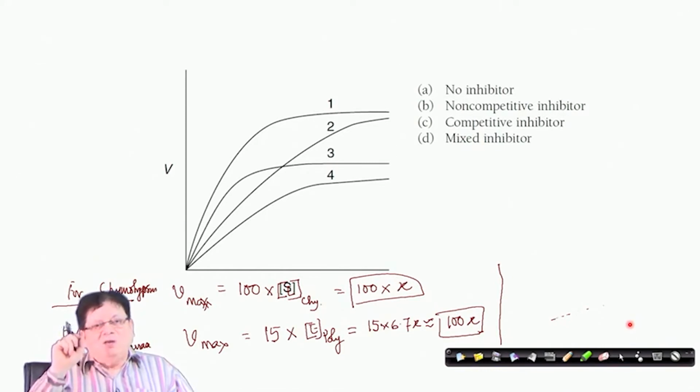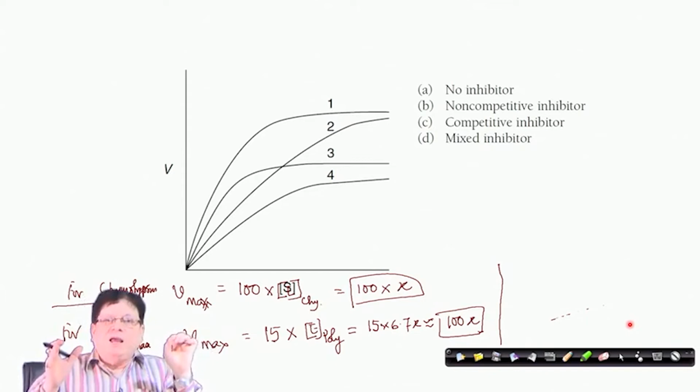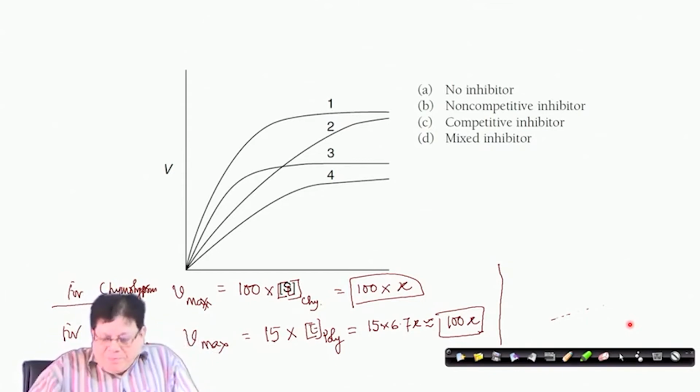So, velocity is inversely proportional to Km, and velocity is directly proportional to K2, that is the turnover number, or K cat as it is also called. K cat more means more ES molecules will be turned over into products in a smaller time. So, that means directly proportional to K cat or K2 or turnover number. So, ultimately the efficiency, when you join these parameters, is given by the value of K cat by Km, that gives the enzyme efficiency.